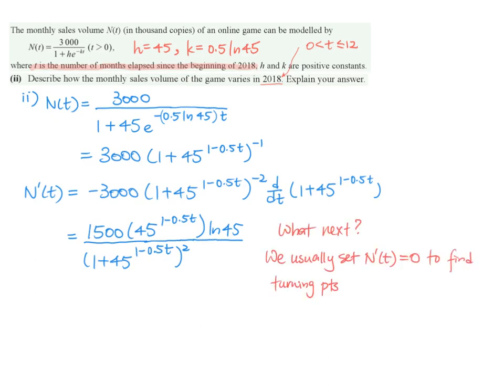But what next? We usually set the first derivative equal to 0, and then we find the turning points, if you still remember. But actually there are two concerns. First concern is that the first derivative never equals 0. If you look at the numerator, all of these three parts cannot equal 0. So we cannot find the turning points.